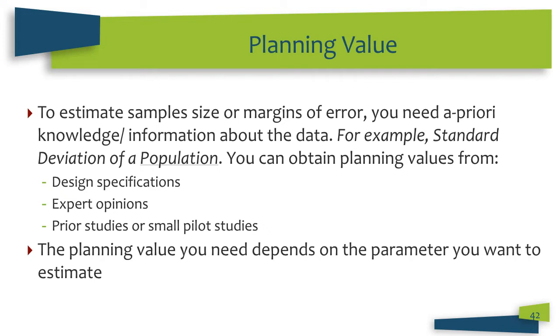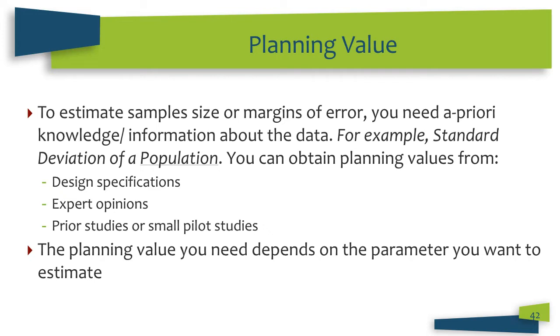So basically, when you perform various tests on software, they ask you about a planning value. Which value the test would ask you depends on what you want to estimate. Sometimes it could be the mean, sometimes the standard deviation. There could be so many things for various tests. But a question that comes to mind is, if you knew everything about the population, then why conduct research at all?